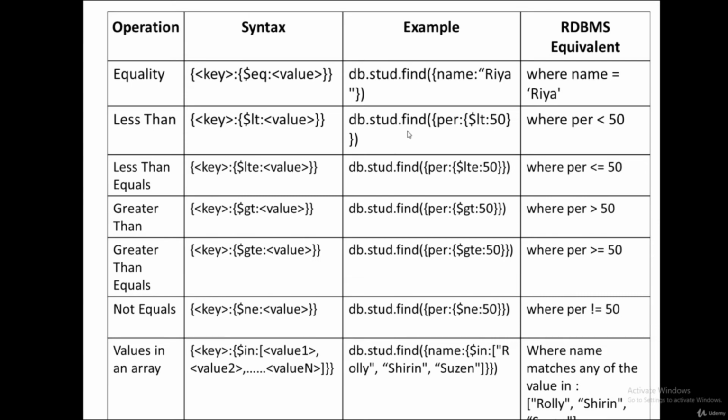So for example, if you want to retrieve all the documents from the student collection where percentage is less than 50, then you may write the query like this: db.stud.find in bracket key value pair. Here key is percentage, so percentage colon then query operator $lt 50. Similarly, you will write the query for less than equal to, greater than, and greater than equal to.